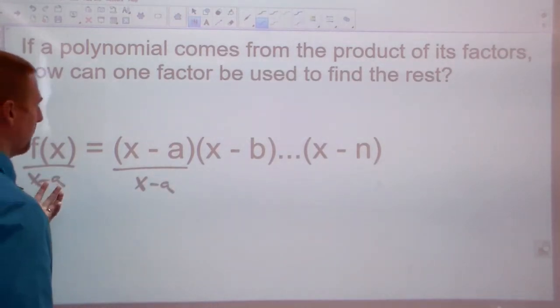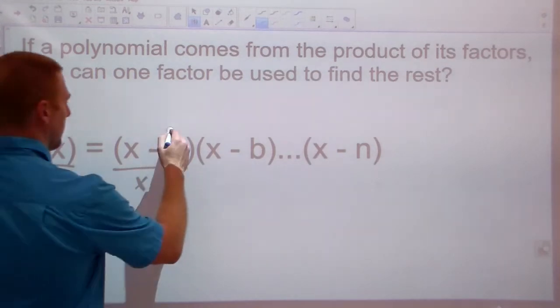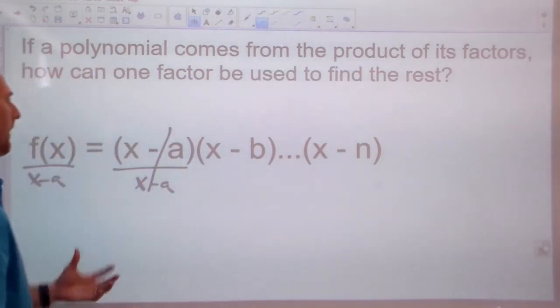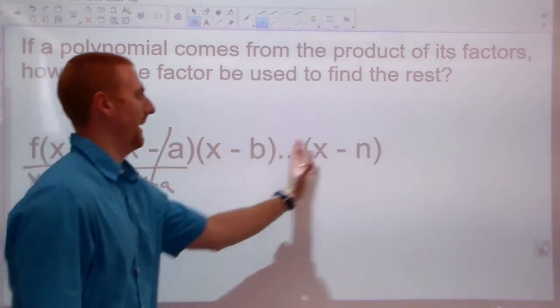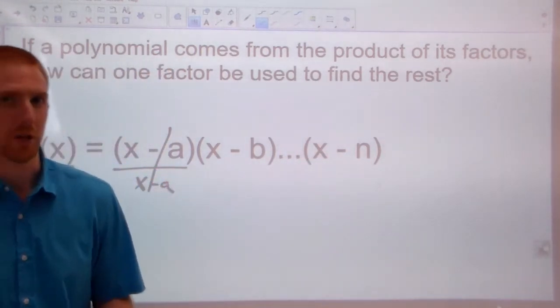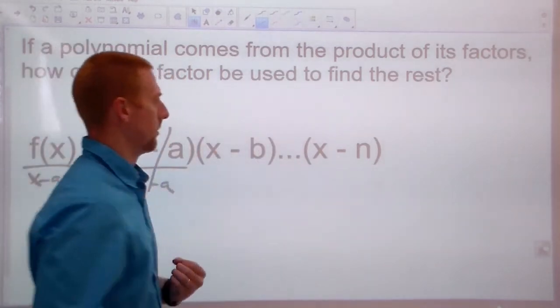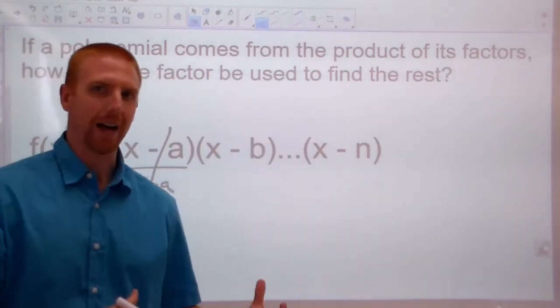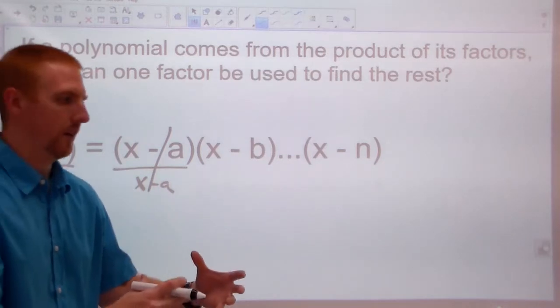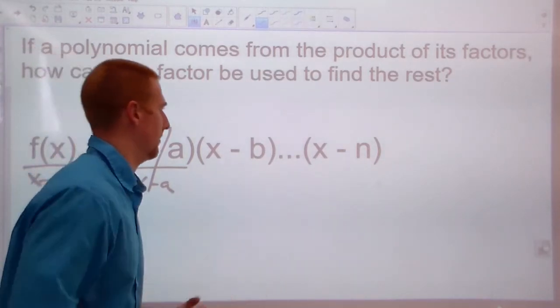So divide the polynomial by one of the factors, and then it'll divide out, go away on that other side, and you'll be left with the remaining factors. That's what the whole factor remainder theorem is about. If you divide a factor out, the quotient part you're left with is the remaining factors. So you kind of whittle it down so that it gets easier and easier to find the zeros.